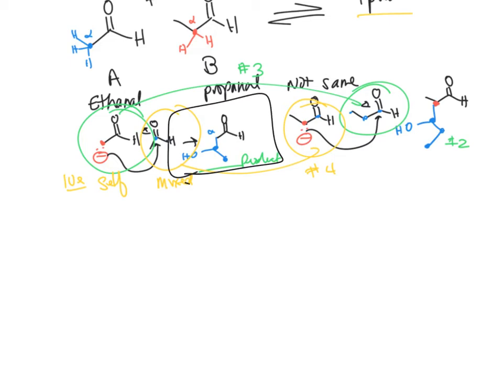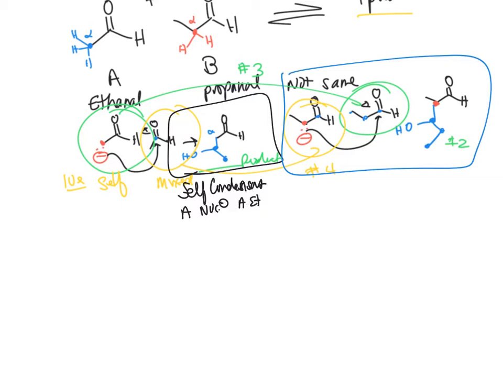This was self-condensation. And this would be if A was the nucleophile and A was your electrophile. The other self-condensation is this one. And this is if B is your nucleophile and B was your electrophile. Okay, the next one was mixed.